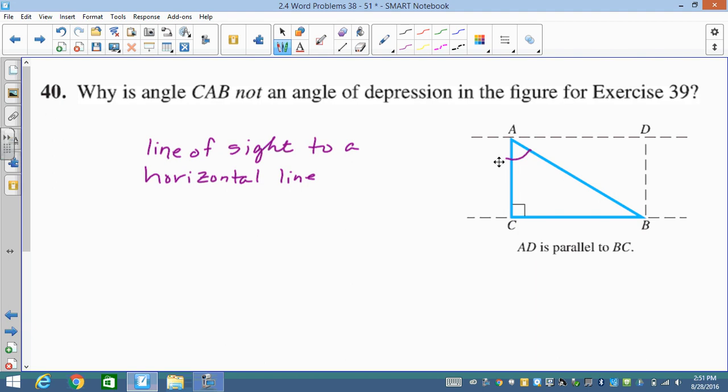And this line here is a vertical line. So that's why this would be your angle of depression. Right here would be an angle of depression.